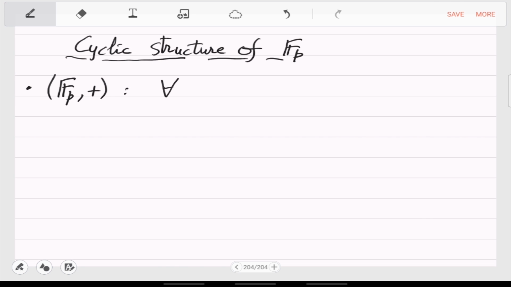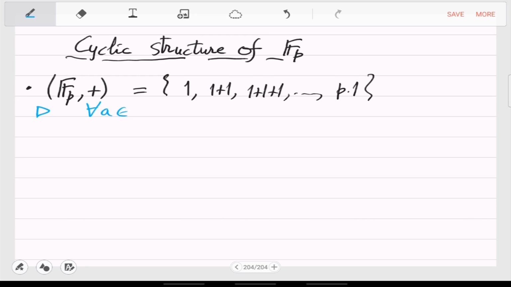So 1 is clear. If you keep adding 1 to itself, then you get all the elements.